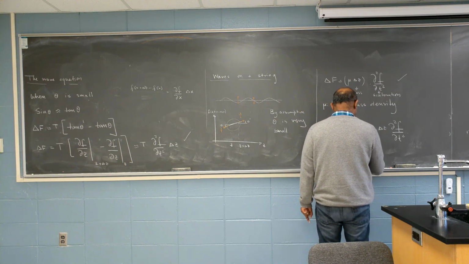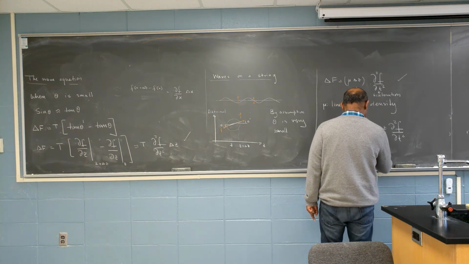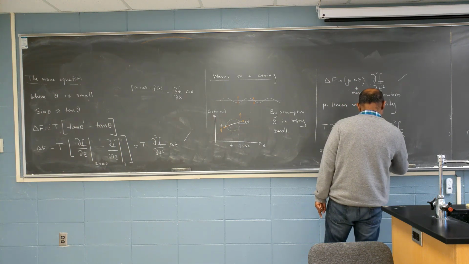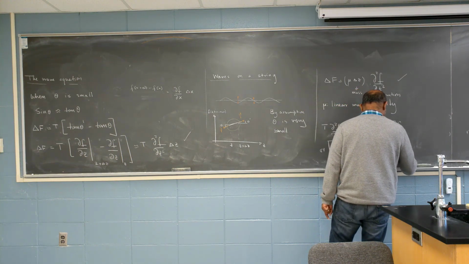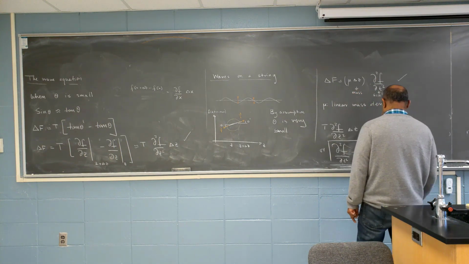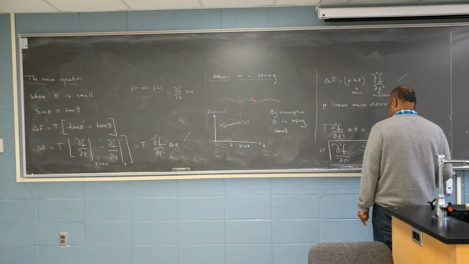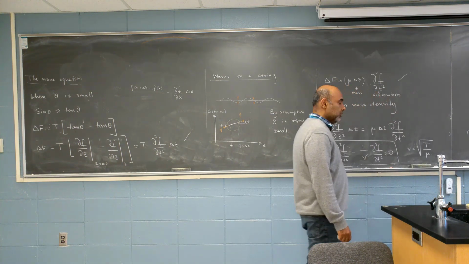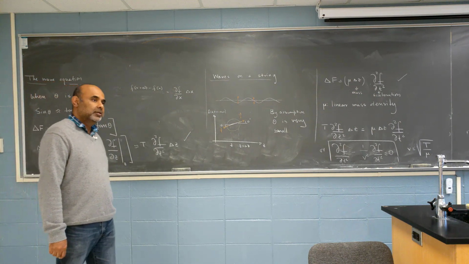minus 1 over v squared d squared F dt squared equal to 0, where v squared equals T over mu.